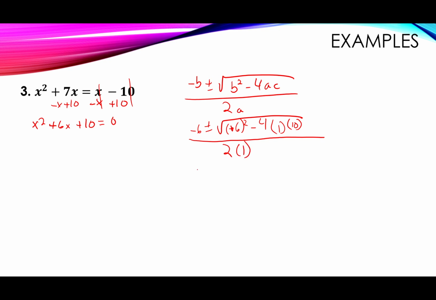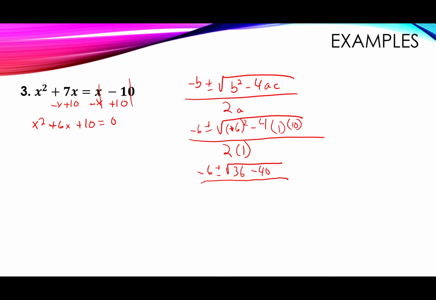Okay. So now I got negative 6 plus minus. I'm going to start simplifying things. 6 squared is 36. And then negative 4 times 1 is negative 4. Negative 4 times 10 is negative 40. All right.